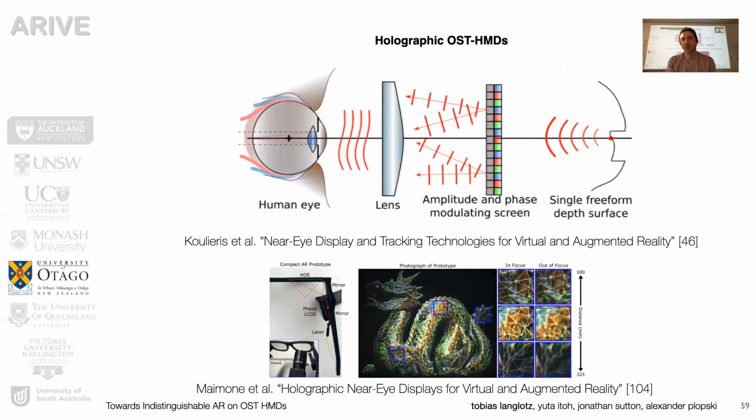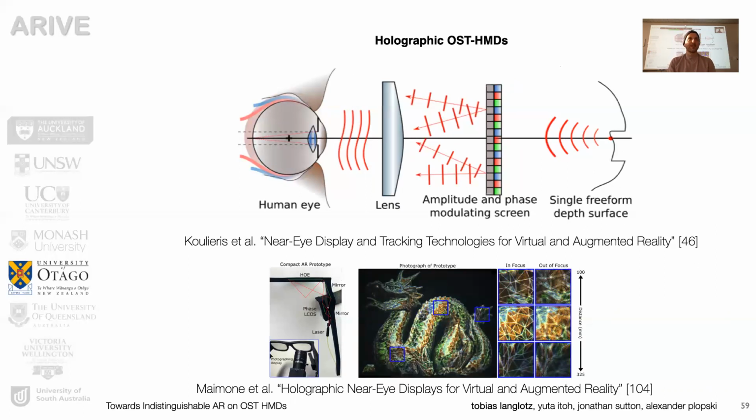The last and probably most sophisticated approach is to really create holographic optical see-through head-mounted displays. There's really cool work by Maimone, for example, that shows this, though you don't see it there. It really resembles what nature does: you create with a display what is called a complex wavefront.